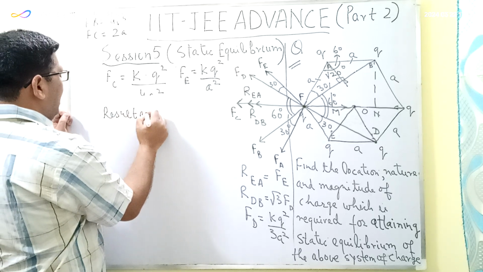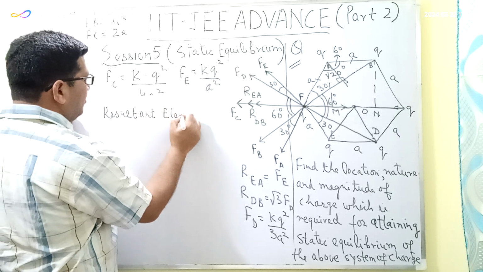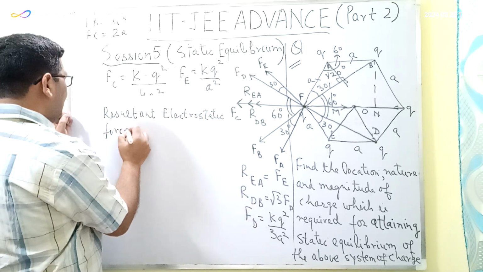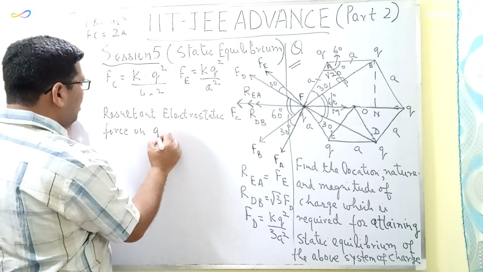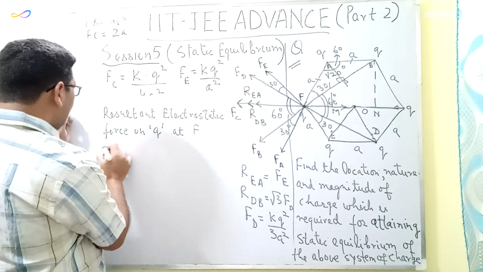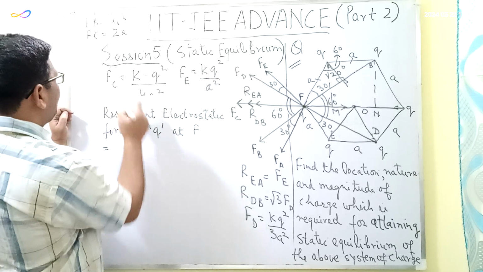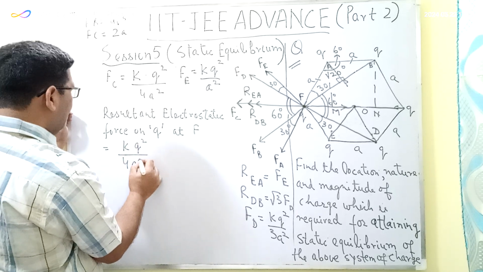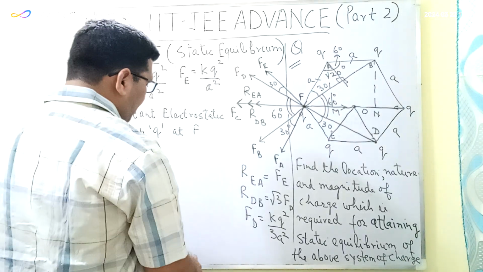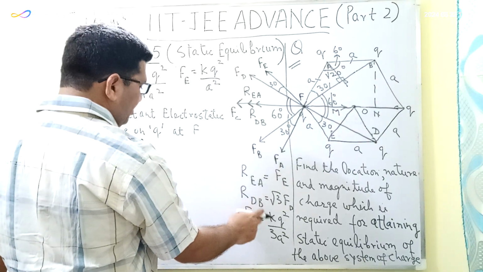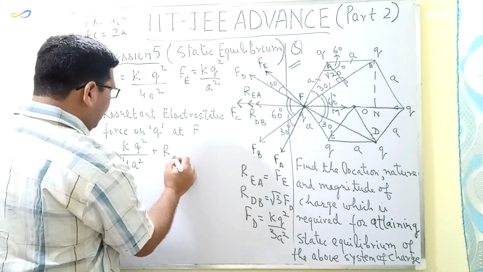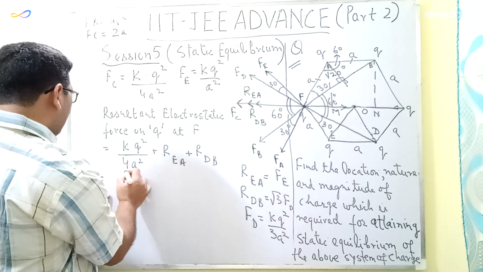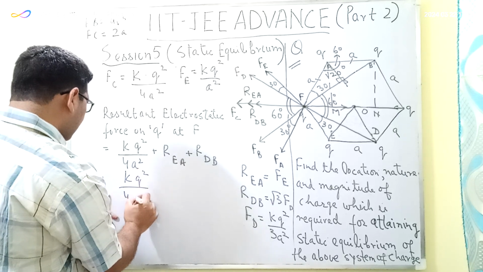So the resultant electrostatic force on Q at F will be equal to FC, which is equal to K Q square divided by 4A square, plus REA plus RDB.